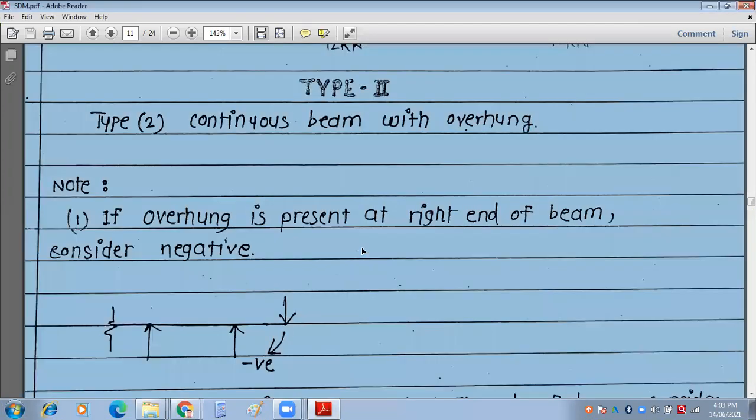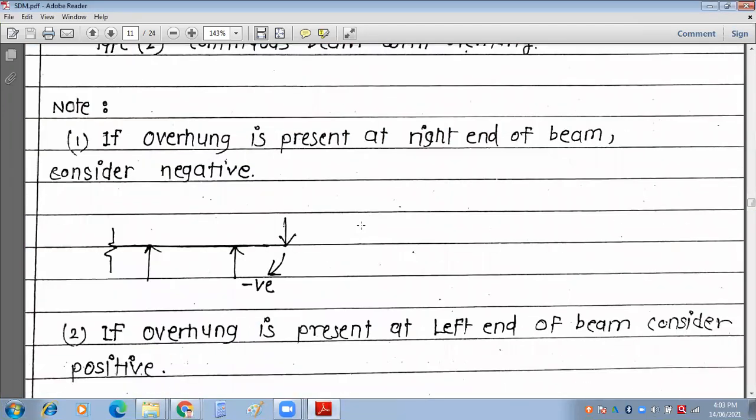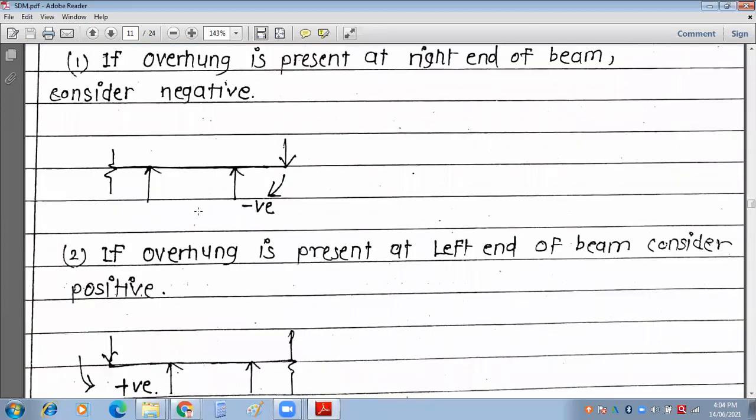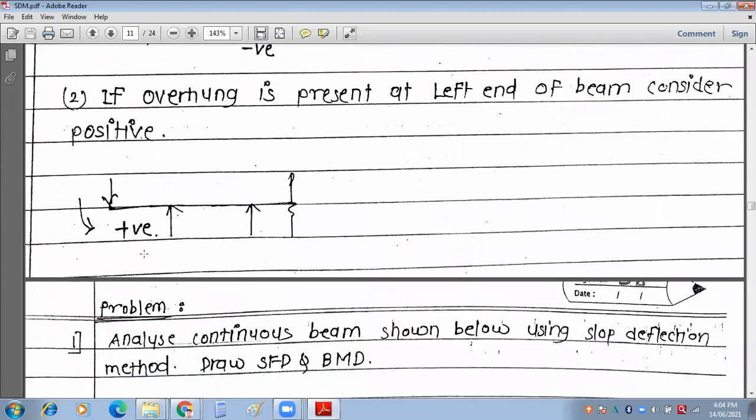Now if you see this figure, this clockwise moment we take as negative. If the overhang is present at the left end of the beam, consider it positive.